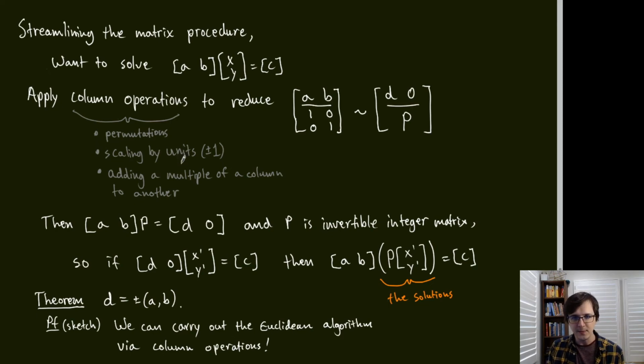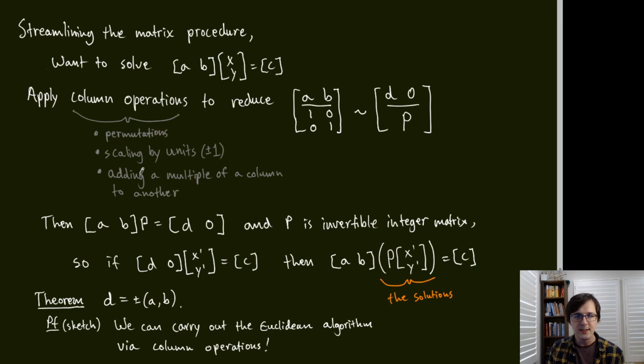Because, for example, if we multiply a column by 2, we can't then unmultiply it by multiplying by something else, because that would be multiplying by 1/2, which is not an integer. And we want to make sure that we've got this integer matrix that's invertible as an integer matrix.